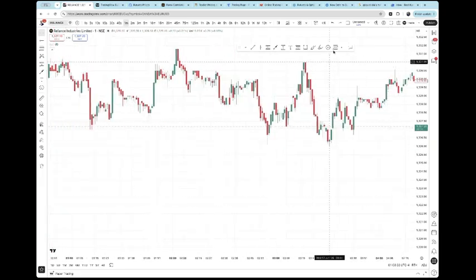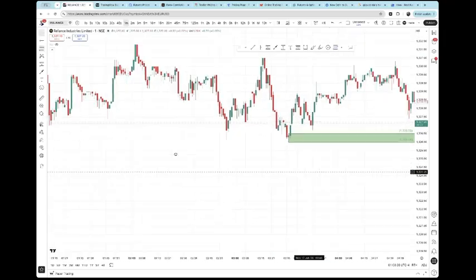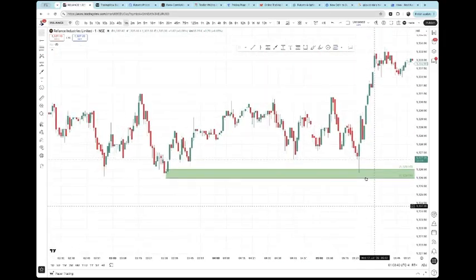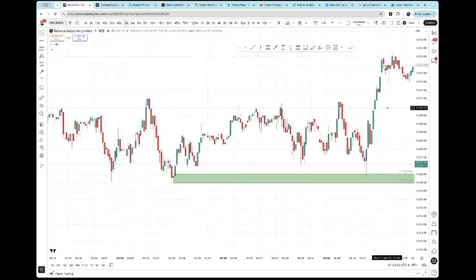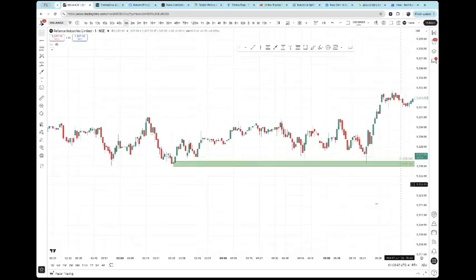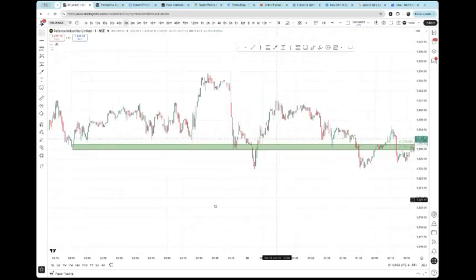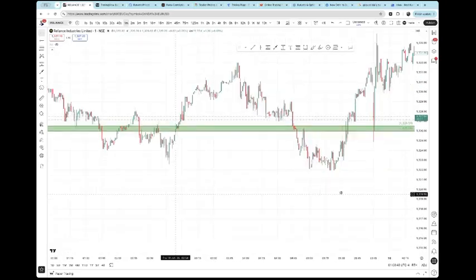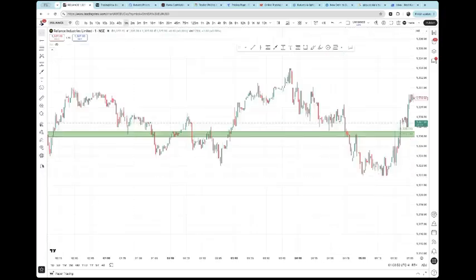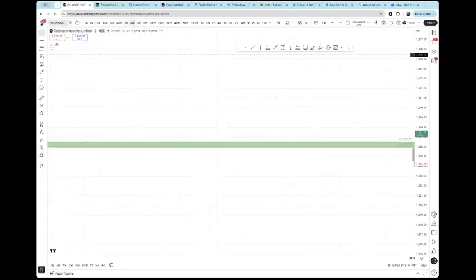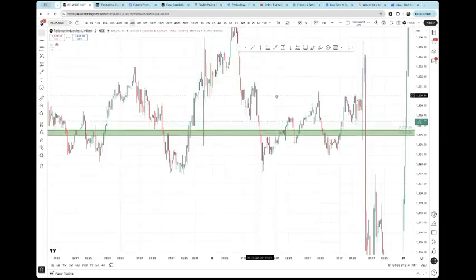I had taken this trade on the demand zone, and the trade came into the area and touched. So I booked the profit on this trade on the 17th. This is the first trade. Second trade I had taken over here. There was one more supply zone. I had taken the trade there.